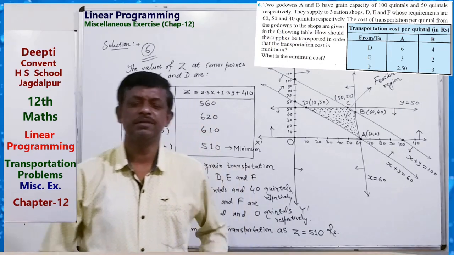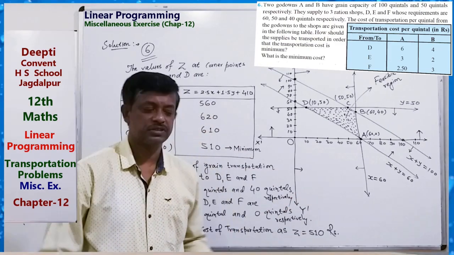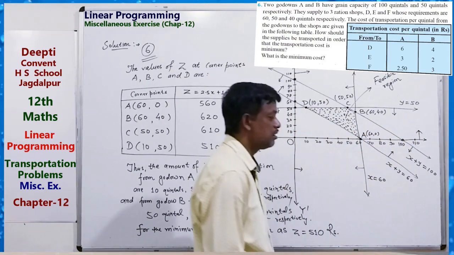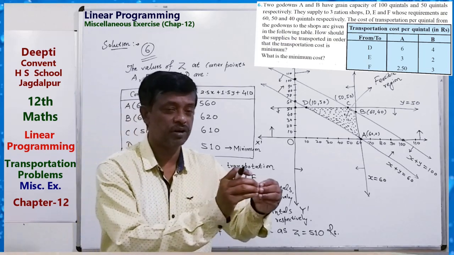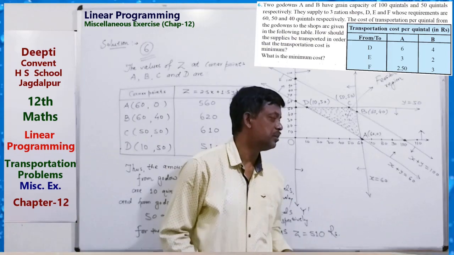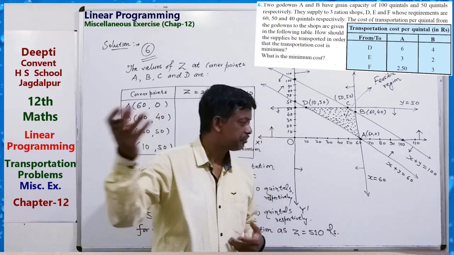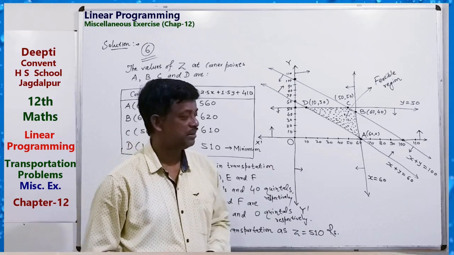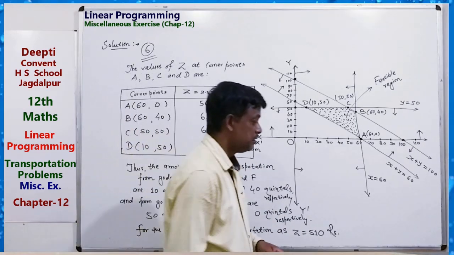Similar types of questions are also given in the examples, and question 7 is also a transportation problem, but here the cost is not given, the distance in kilometers is given. How much distance from the company depots A and B to the petrol pumps.